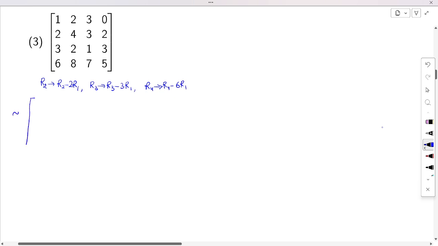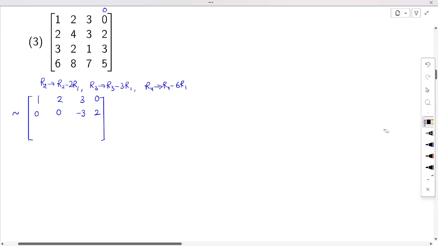After applying these operations, we get 1, 2, 3, 0. Now, when we multiply row 1 by 2, it becomes 2, 4, 6, and 0, and subtract it from row 2. This becomes 2 minus 2, 0, 4 minus 4, 0, 3 minus 6 is minus 3, and 2 minus 0 is 2.